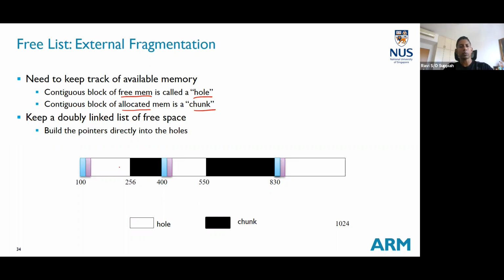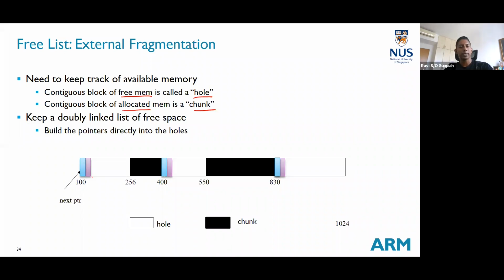You can see here that this white space is all the holes, and this black space is the chunk, which means it is already used up. The hole is free. What I need to do is occupy some space of these holes to keep some pointers, to know where the next available space is that I can allocate memory to.